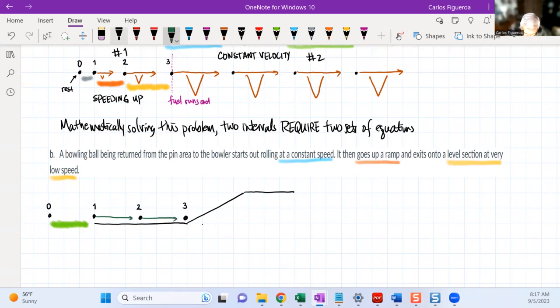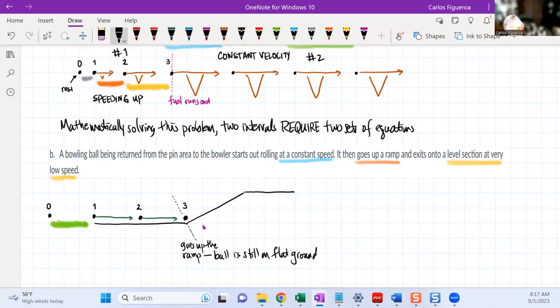Now we can clearly see that this is where the ball is going to go up the ramp. Okay. So this is where it goes up the ramp. Now we have to be careful here, but the ball is still on flat ground.